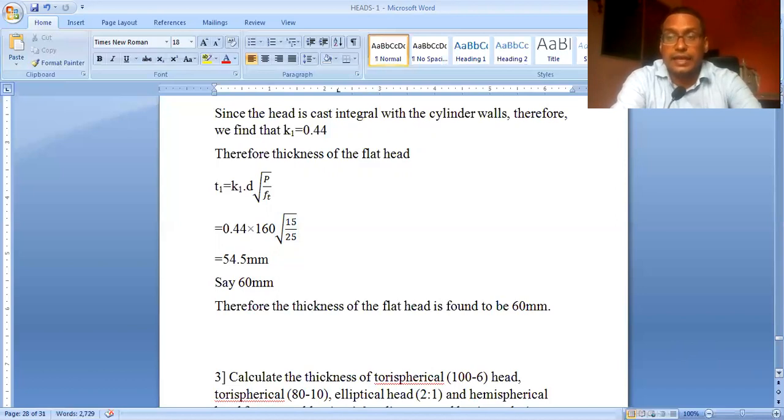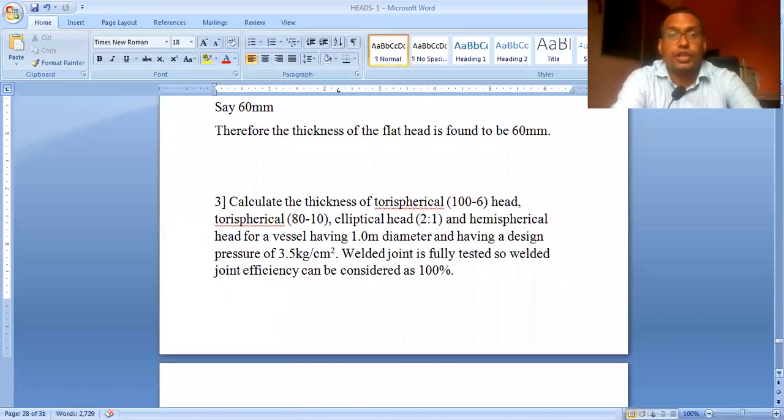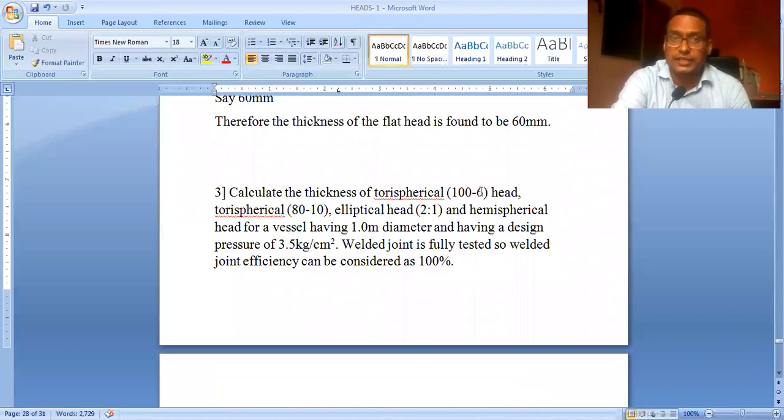Then the second numerical is for the calculation of the thickness for torispherical head, for elliptical head, and for hemispherical head. In this torispherical head, that is 100-6, and torispherical head with 80-10.